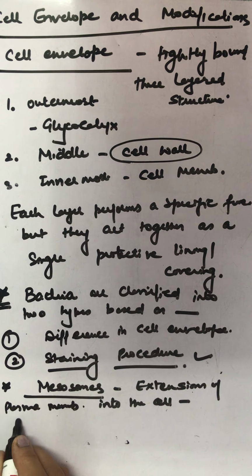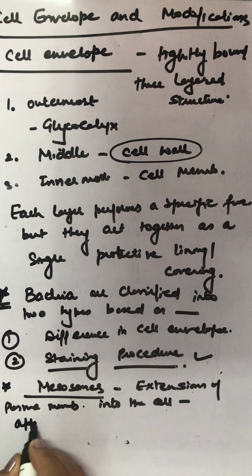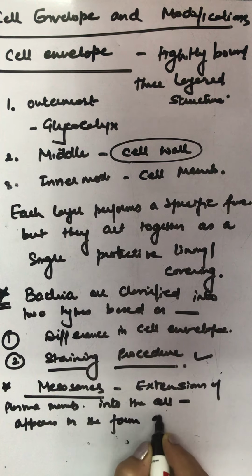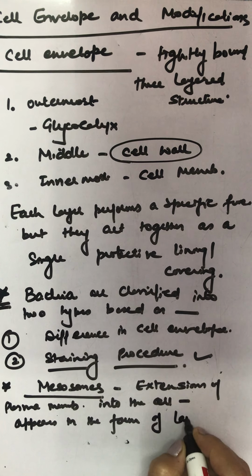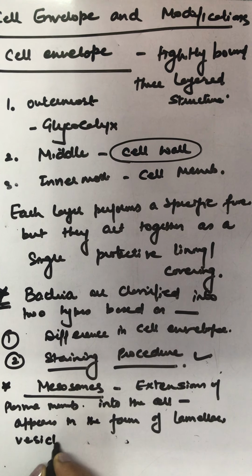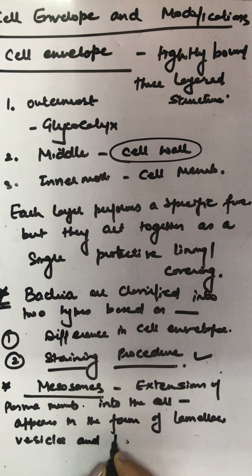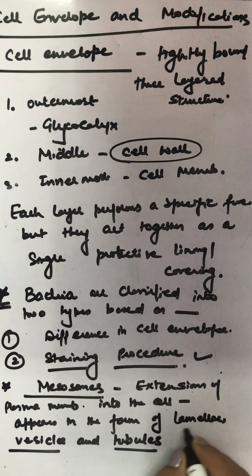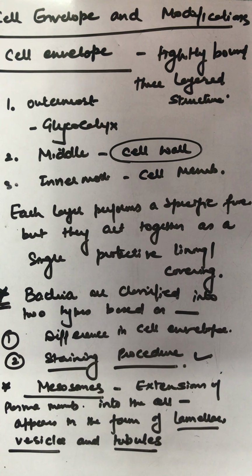They appear in the form of lamellae, vesicles and tubules. Clear? These are in prokaryotes. Then moving to the next point.